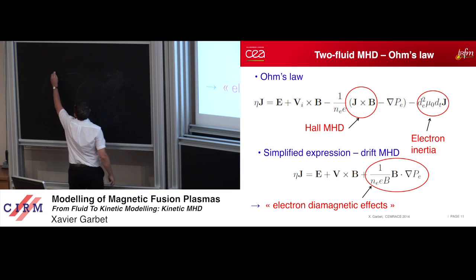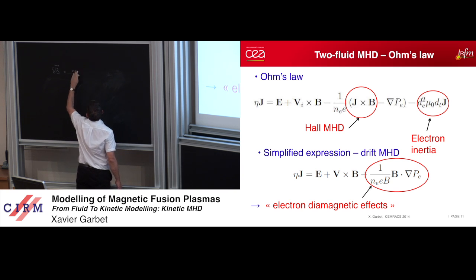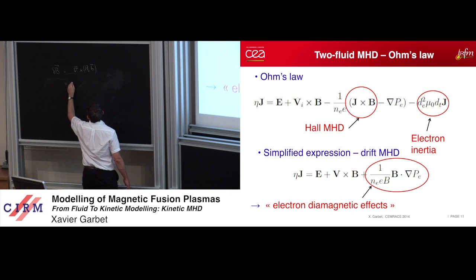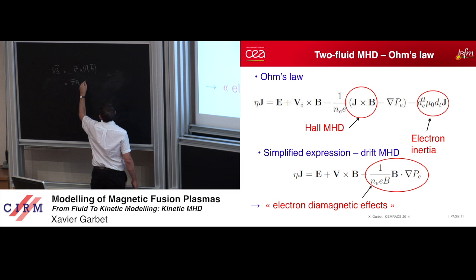So in that case, delta B vector is going to be the curl, well, in the US notation would be something like that, times the vector potential times the unit vector b, right? So if B is uniform, then it's very simple. You find grad A parallel cross b vector.